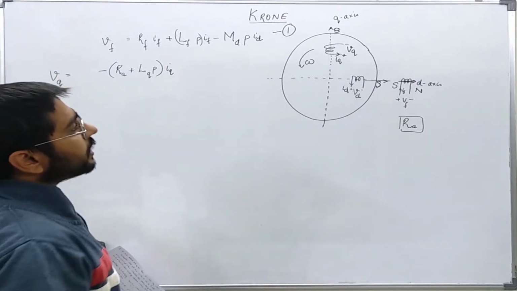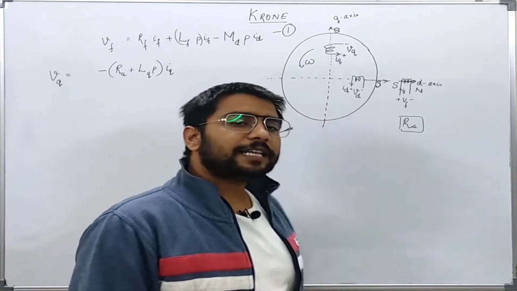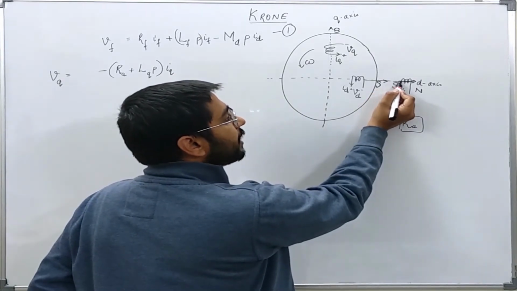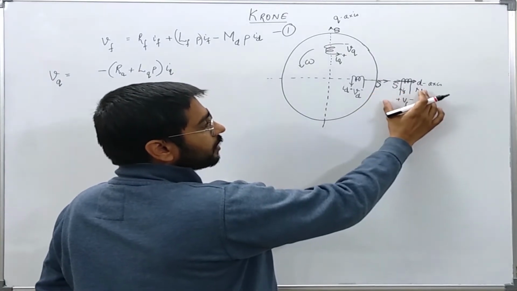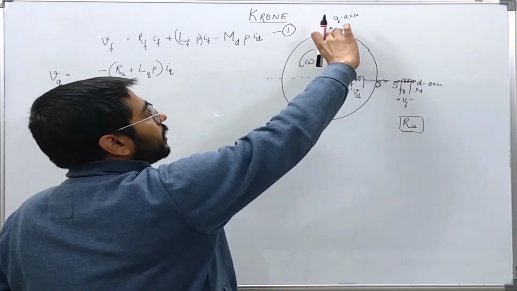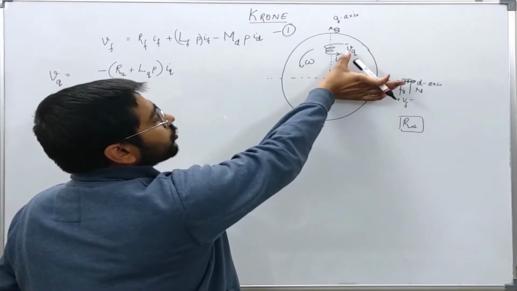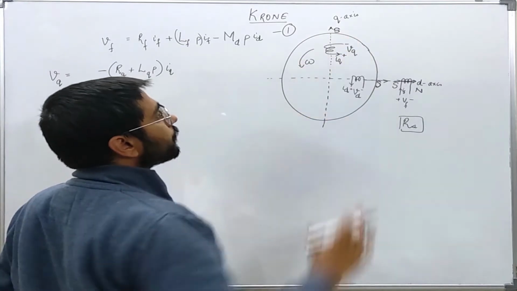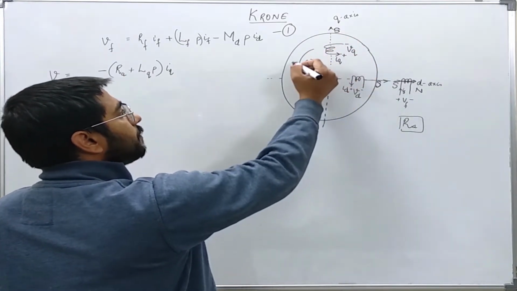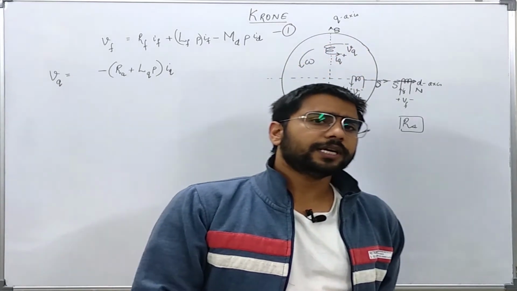Now let us write the motional EMF. To write the motional EMF, you will see that this is the south pole being created by the field winding, and this is the south pole being created by the Q axis winding. Now these two south poles will repel each other. So according to the repulsion, the torque will be in the positive direction, that is in the direction of the rotation that we are assuming for the generator case.